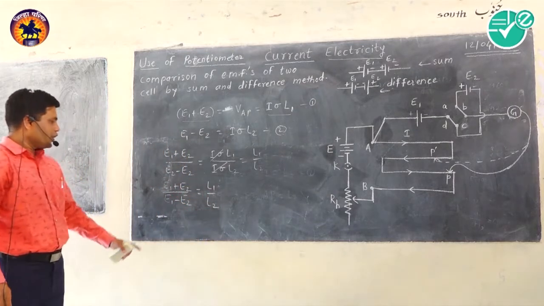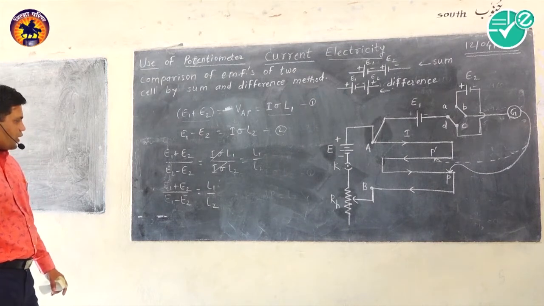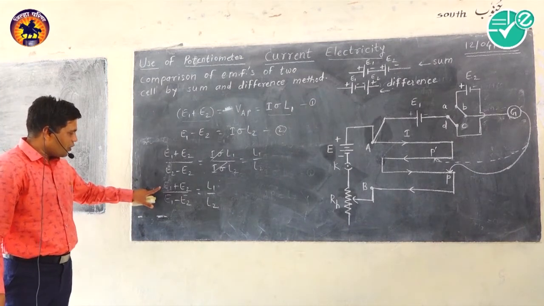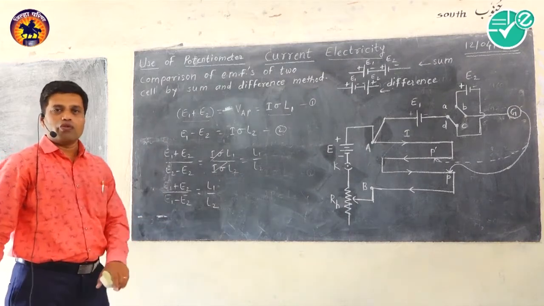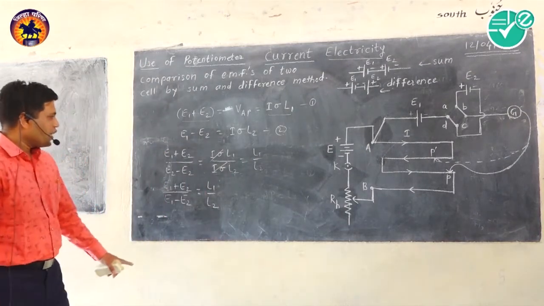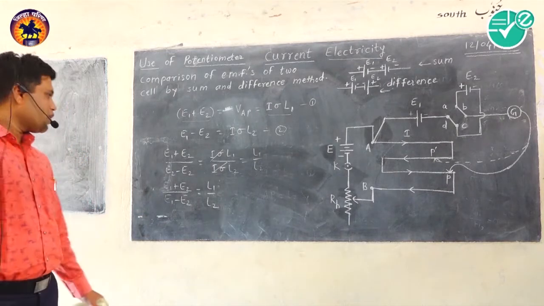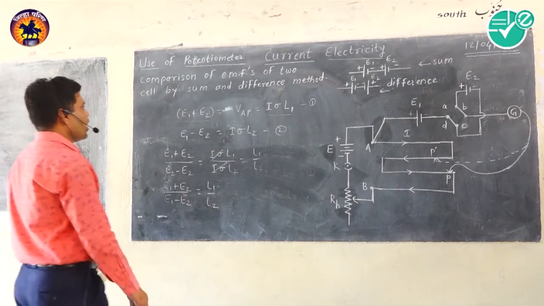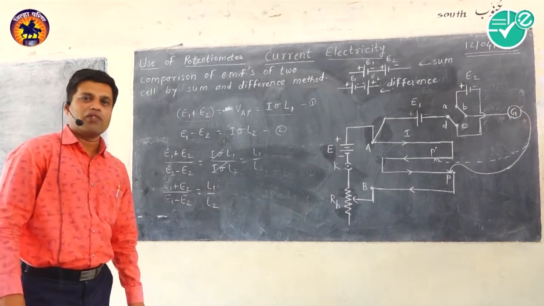Now, for comparison of these cells, we want the ratio E1 upon E2 instead of E1 plus E2. To achieve that, we will do some mathematical steps. Just rearranging the terms, we get E1 upon E2 equals L1 plus L2 upon L1 minus L2.